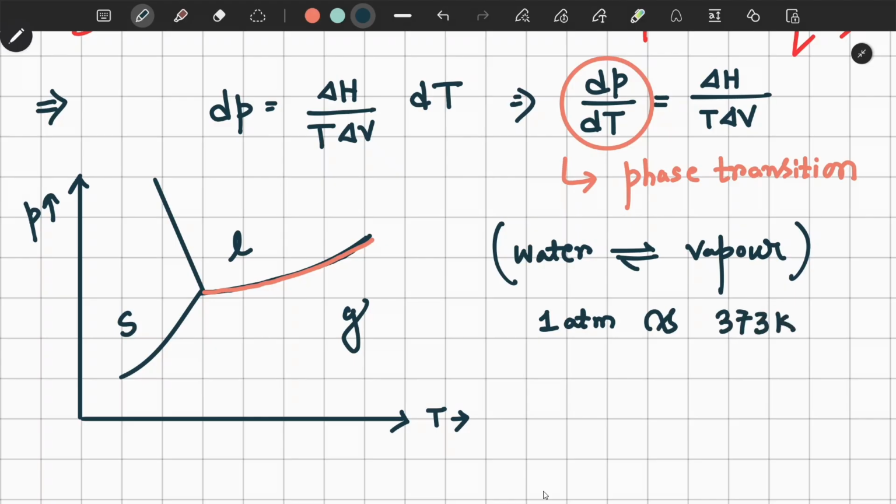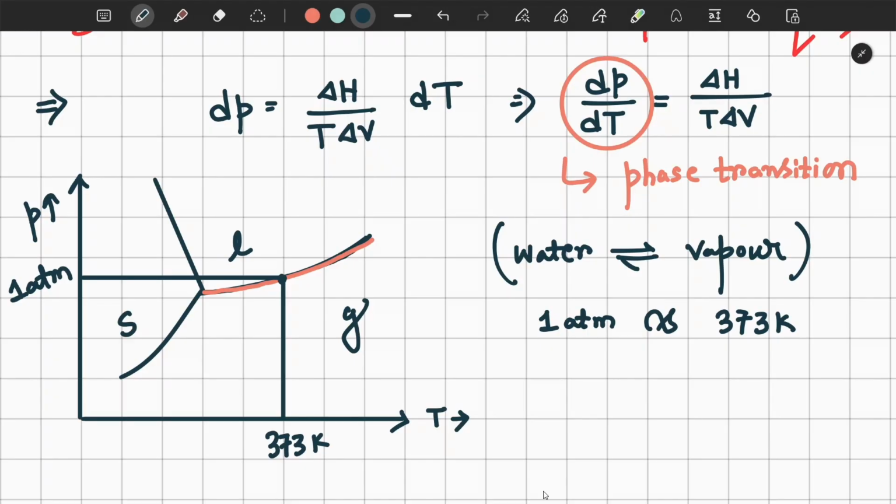Now if you change the temperature, then you have to change the pressure as well. Let's say this is 373 Kelvin and this is the pressure, 1 atm. If you change the temperature, then automatically the pressure will change because the degree of freedom is 1.